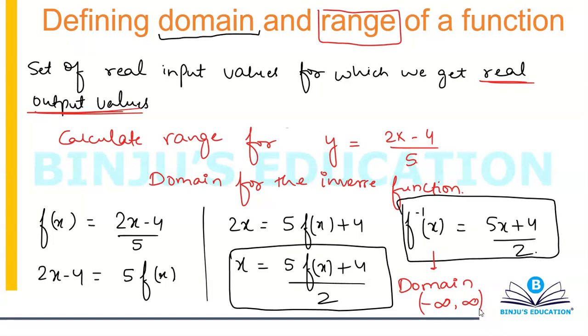You just need to know the value of x in terms of f(x), or the value of x in terms of y. And then in the last step, replace f(x) by x or y by x. That will be the inverse. Whenever you have a linear function, always calculate the inverse, then calculate the domain. Trust me, calculating the domain is far easier in comparison to calculating the range directly.